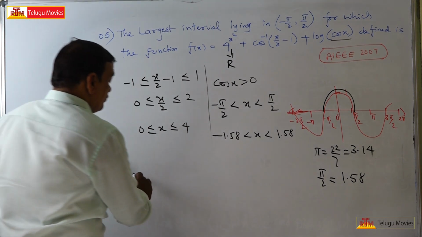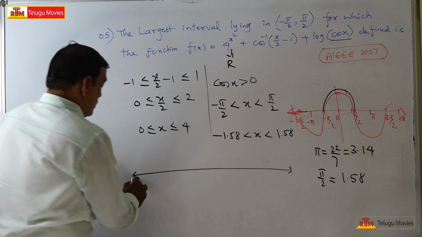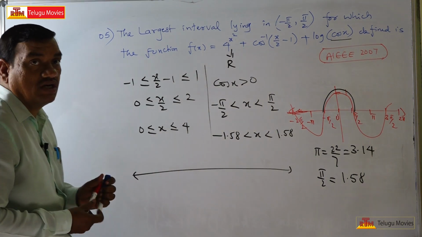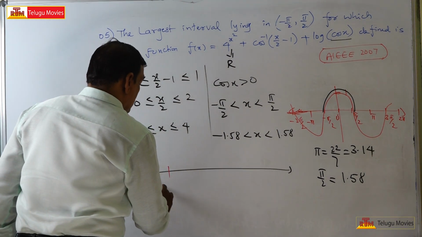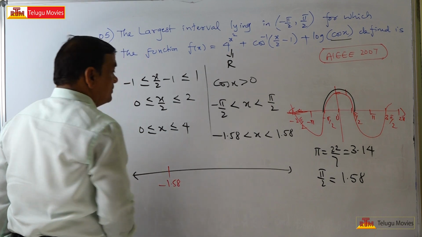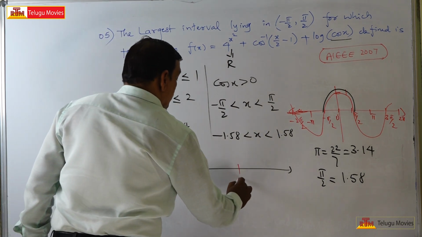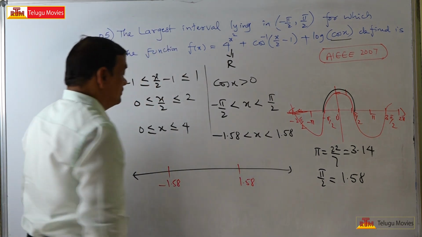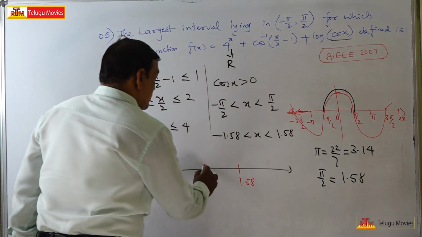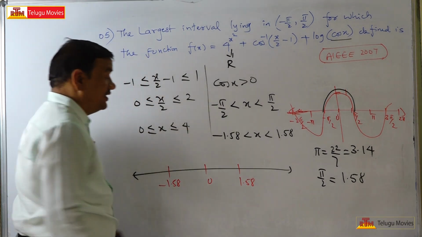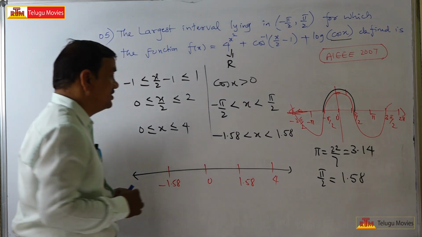Now coming to your number line. This is minus 1.58, this is plus 1.58, and this is 0 and this is 4. Understand this?